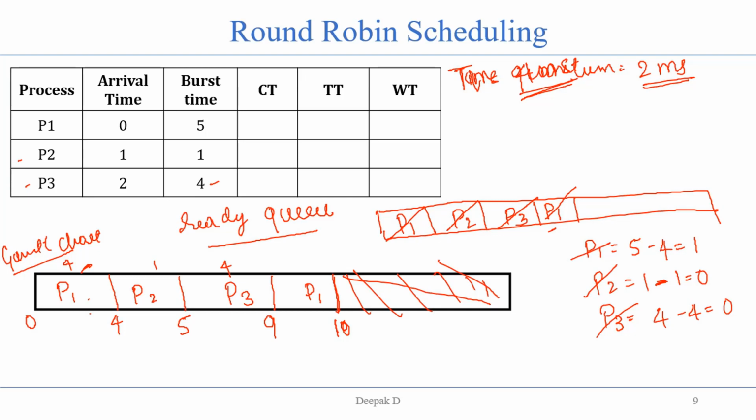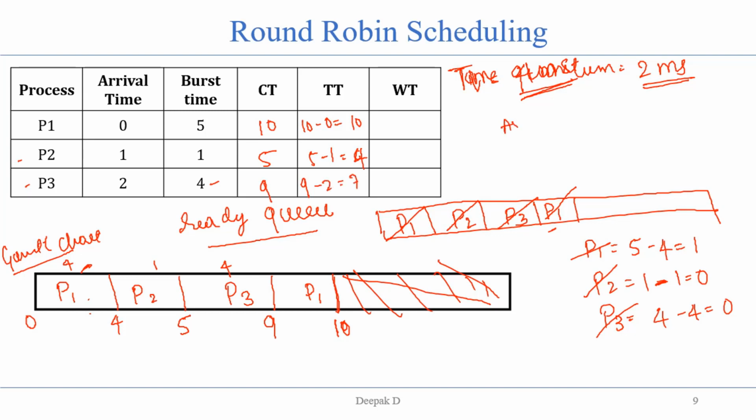Now let's calculate the completion time. The completion time of P1 is 10, P2 is 5, and P3 is 9. The turnaround time is 10 minus 0, which is 10. Next, 5 minus 1, which is 4, and 9 minus 2, which is 7.